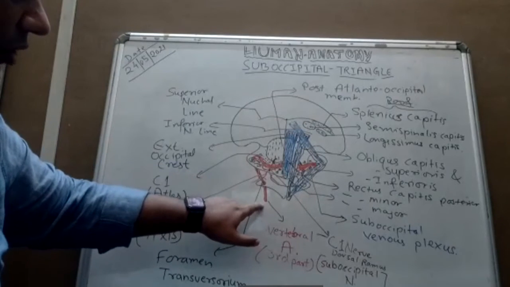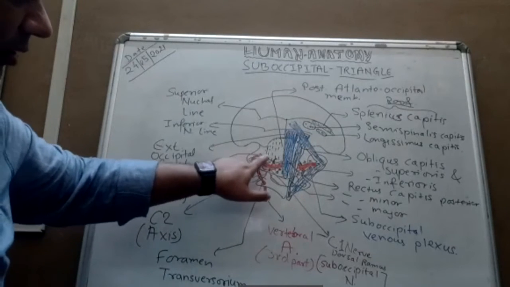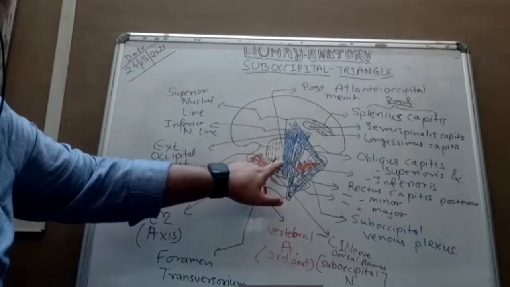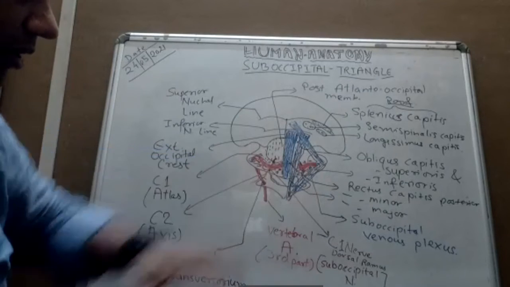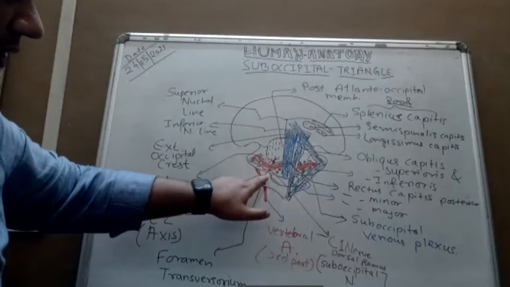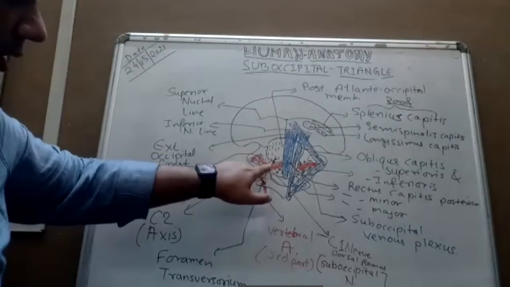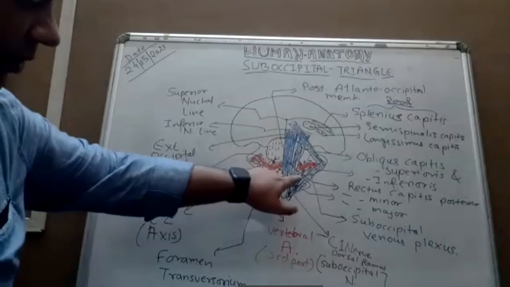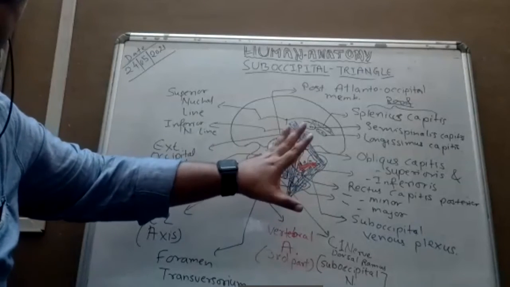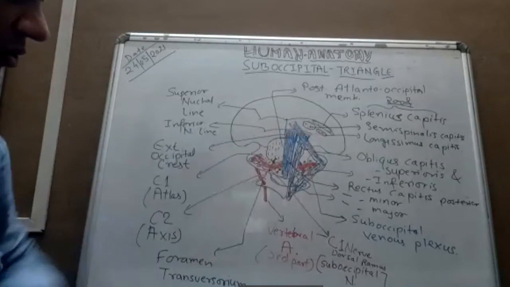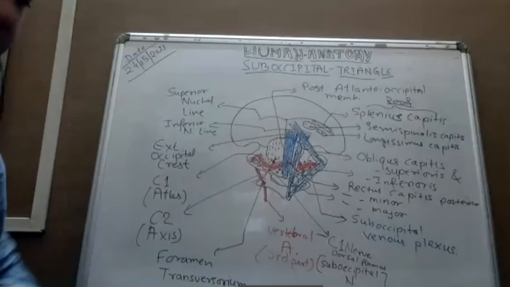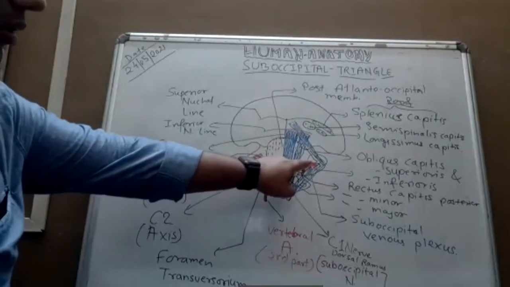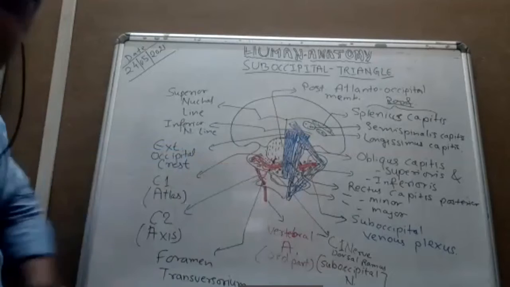I have shown you how the second part of the vertebral artery becomes the third part in the suboccipital triangle. How the C1 dorsal ramus is coming in between vertebral artery and the posterior arch of the atlas and dividing, giving the branches to its surrounding muscles, and the suboccipital venous plexus.